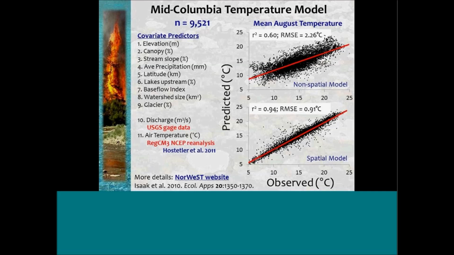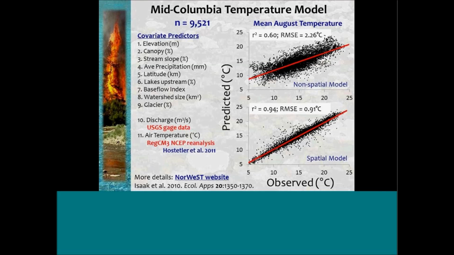It doesn't account for network topology, or for the redundancy in space of those measurements. The scatter plot on the bottom right is fitting that same data set using these new spatial network models, and you can see you get a big performance gain. We can explain more than 90% of the variation in August mean temperatures and have an average prediction error of less than 1 degree centigrade.